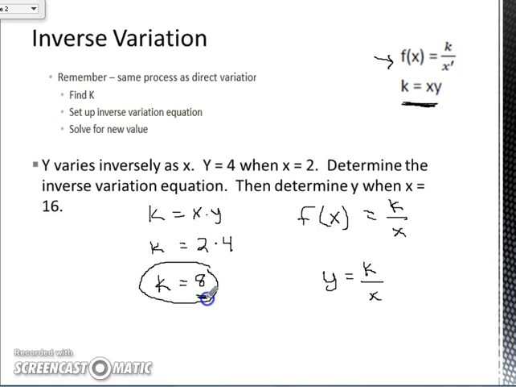And we already found k to be 8. So y equals 8 divided by our x value 16. This means our y value will reduce to equal 1/2. So this is saying that when x equals 16 in this inverse variation, y is going to equal 1/2.